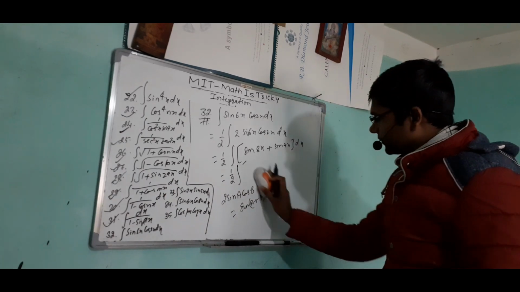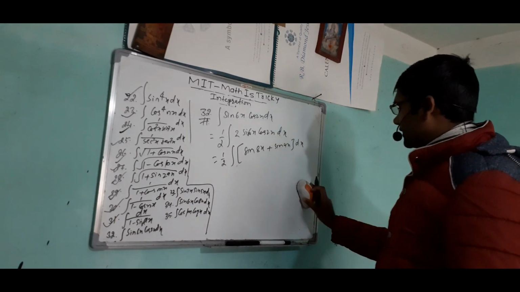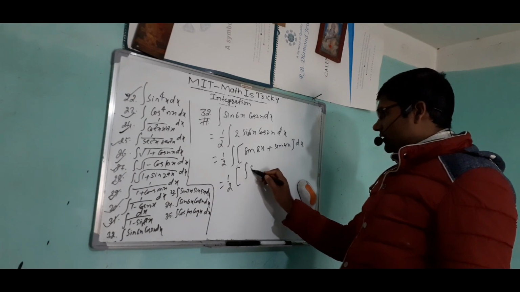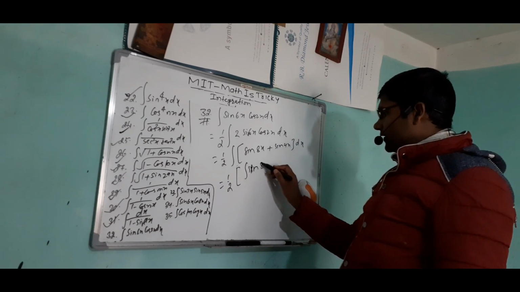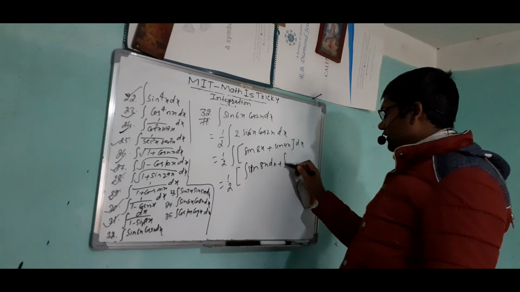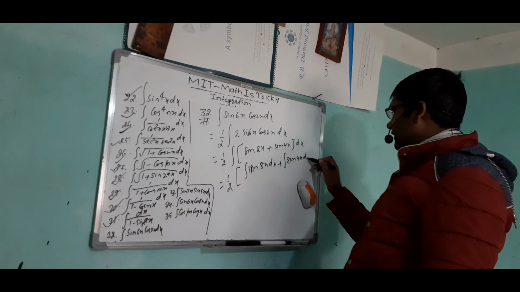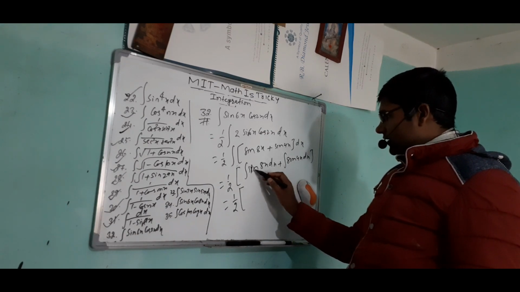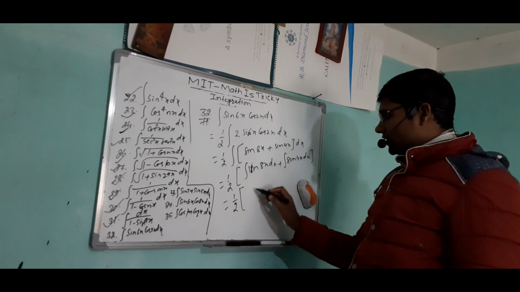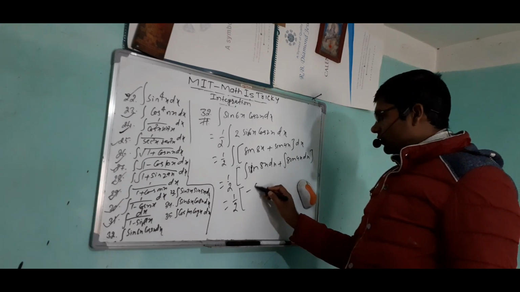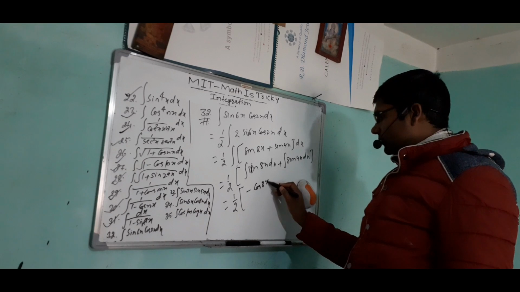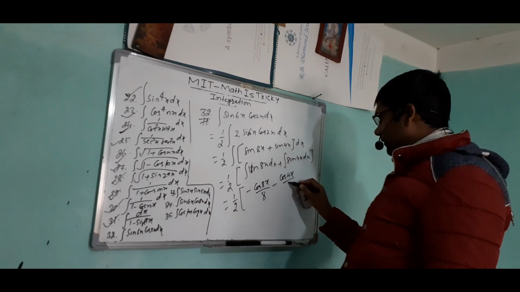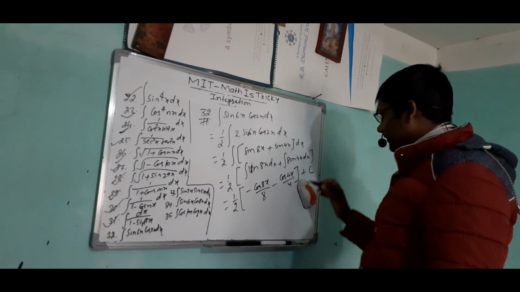So let's simplify. Now we have the answer. Just separate this: 1 by 2 outside, and integration of sine 8x dx plus sine 4x dx. Now we know the formula here: integration of sine is negative cos. So 1 by 2 times minus cos 8x by 8 minus cos 4x by 4 plus c.